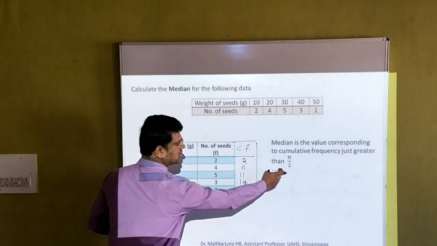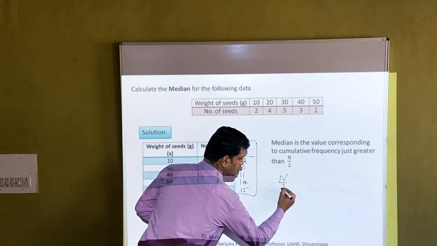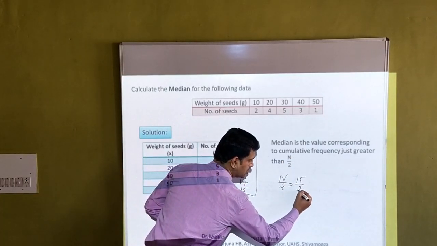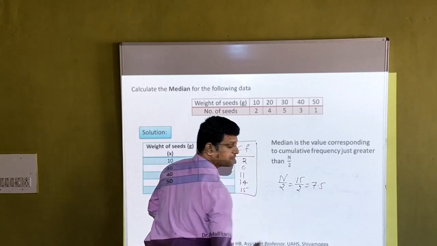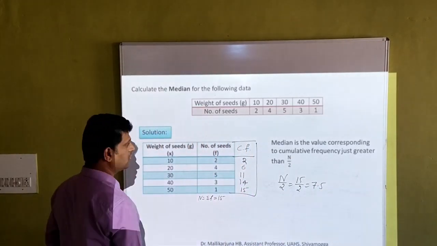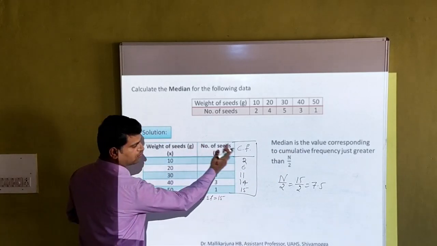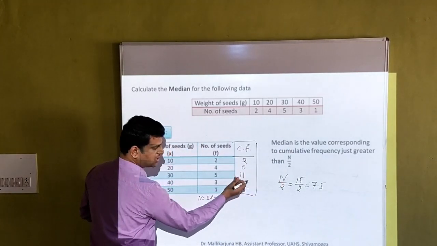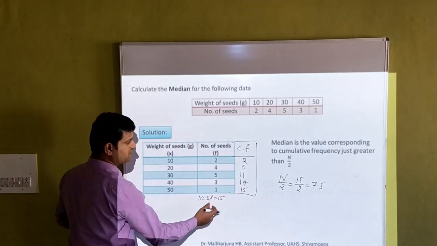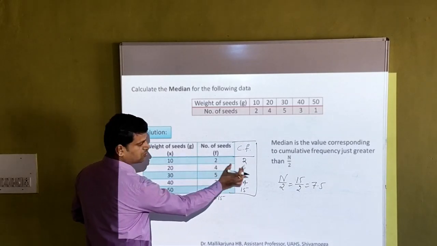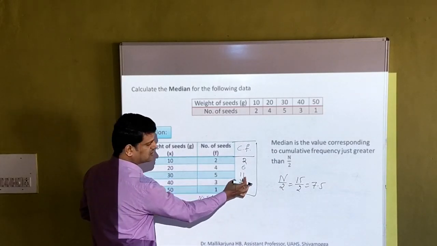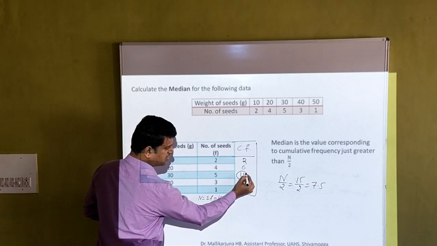Just greater than N by 2, so we need N by 2. N by 2 is 15 by 2, which is 7.5. The value corresponding to cumulative frequency just greater than N by 2, that is greater than 7.5, is 11.